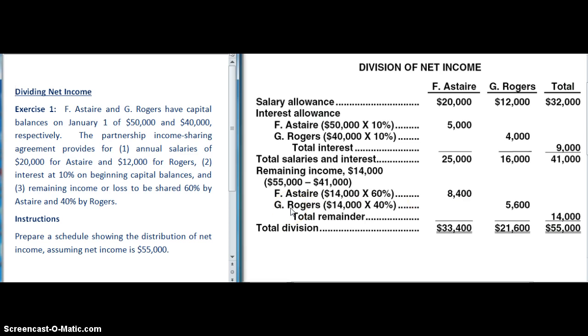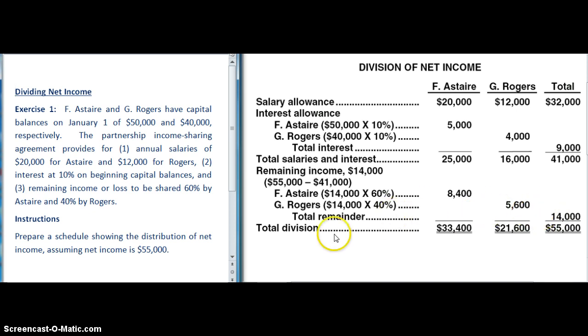And for Rogers, it's 14,000 remaining income into 40%, which is 0.4, and that gives us 5,600. So you see the remaining income, 14,000, has been distributed between both the partners in 60% and 40% ratio. So the total remainder of 14,000 distributed as $8,400 and $5,600 gives us a total of 14,000, which was our remaining income.